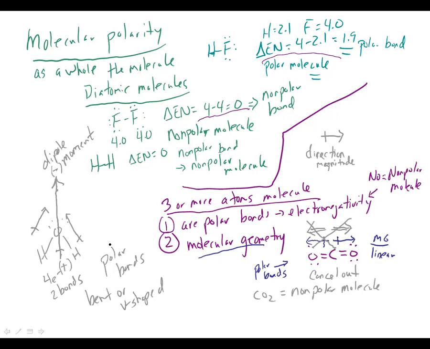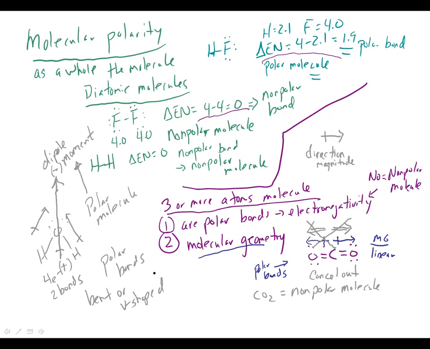Polar molecules, which is what water is because of this, have a dipole moment. So polar molecules will have a dipole moment to indicate that overall, when you take all the bonds into account for a particular molecule, unequal sharing of electrons is occurring. So because of the geometry in water, we do get a polar molecule.